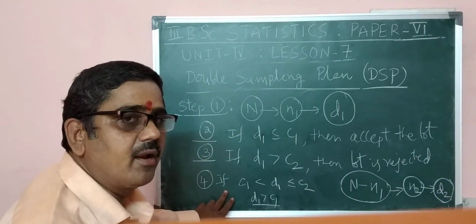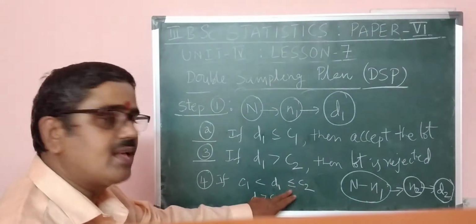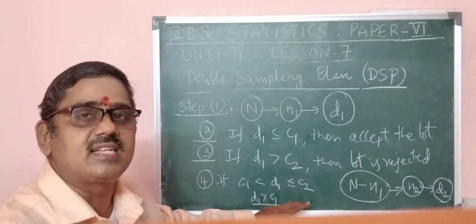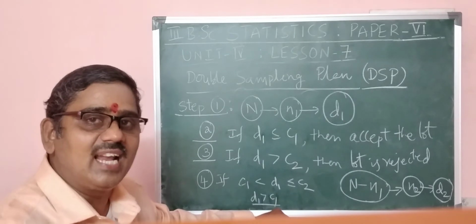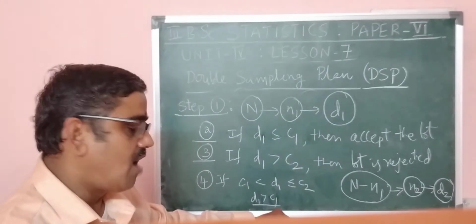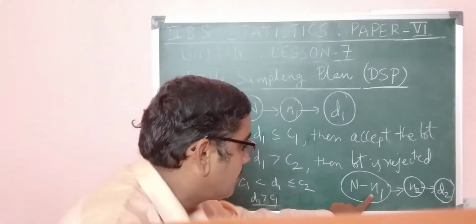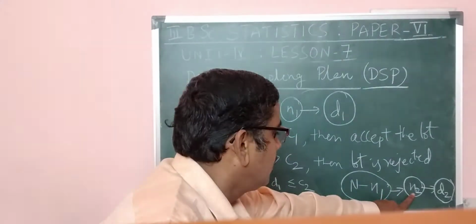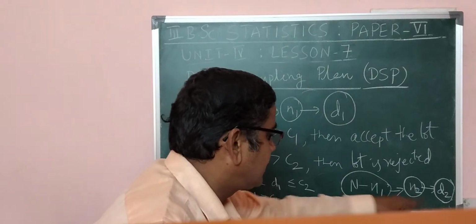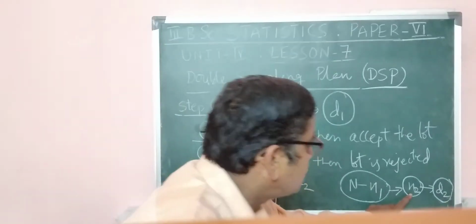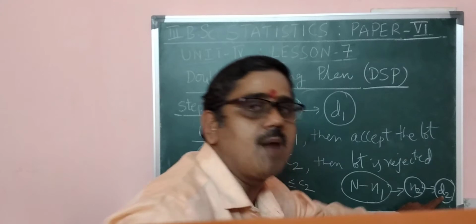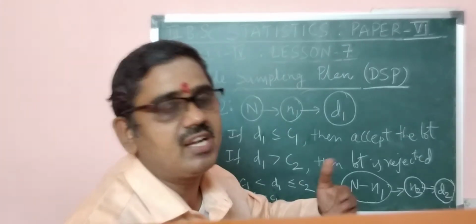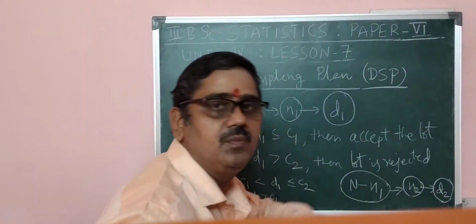This is the procedure. If C1 is less than D1 less than or equal to C2, then select the second sample of size n2 from the remaining items, that is capital N minus small n1 items, and also observe the number of defective items, D2.